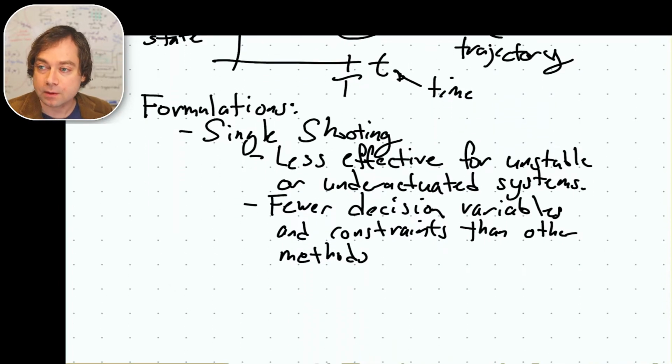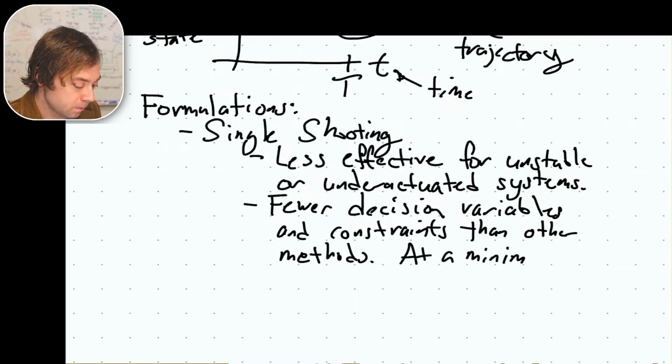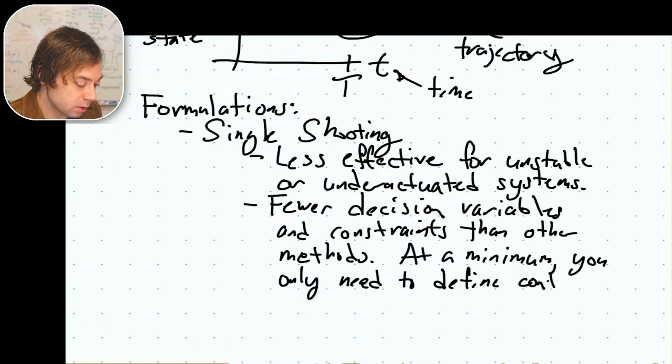There are fewer decision variables, meaning that your decision vector, at a minimum, only needs to define your control inputs along the trajectory.